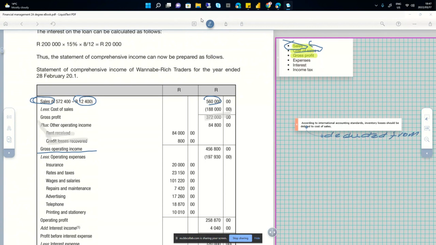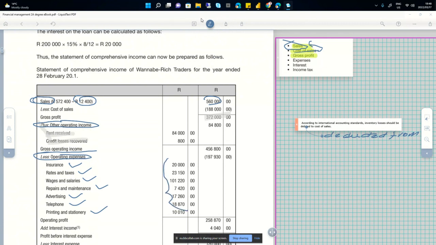So we are adding all operating income, not operating expense, but operating income, but minusing the operating expense. And what will be the operating expense? Of course, insurance, rates and taxes, wages and salaries, repairs and maintenance, advertising, telephone, printing and stationery.